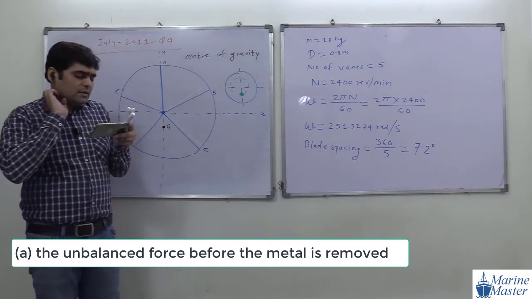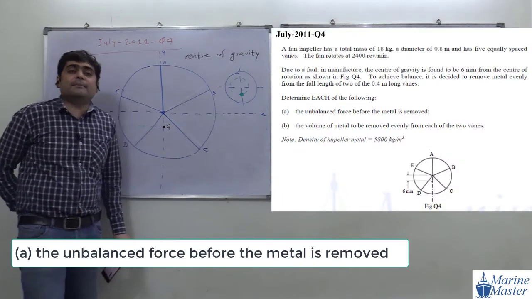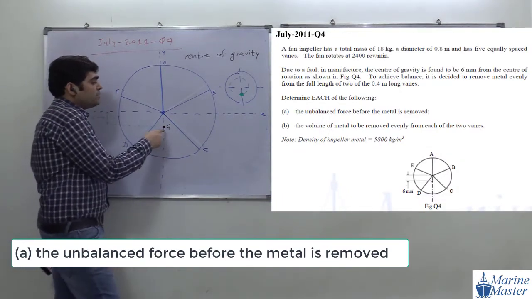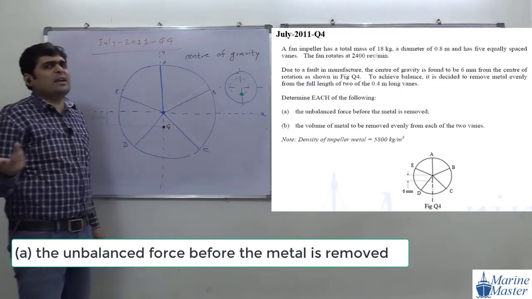Before the A part: unbalance is created by what? Due to the shifting of the center of gravity. If the center of gravity is at the center of rotation, then there is no unbalance.